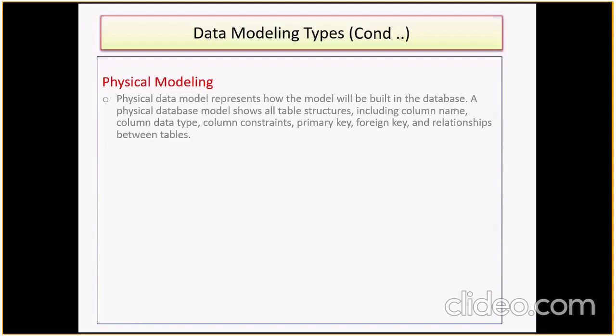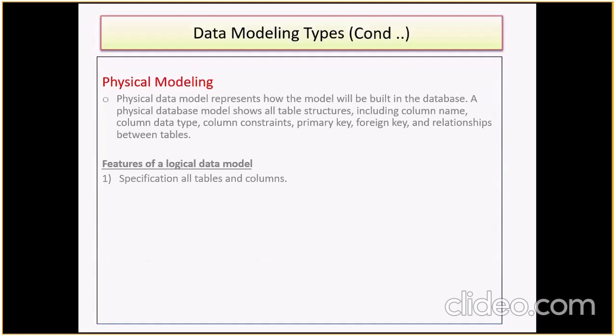So here I want each and every detail. What are the data types? What are the constraints? A constraint is something we'll probably discuss later. Otherwise we'll just move the agenda.